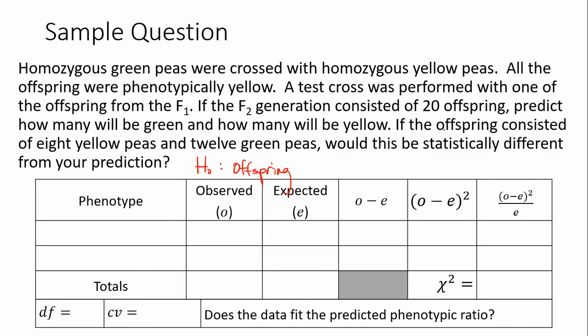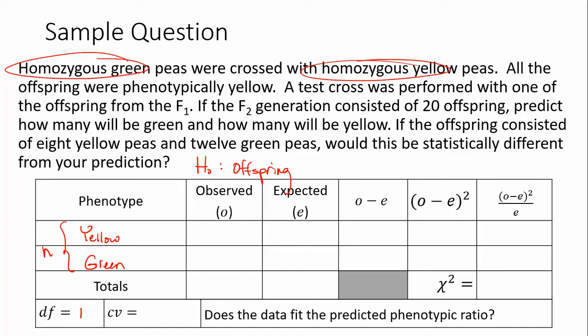So to go through all of this and simplify it, we've got homozygous green peas, we've got homozygous yellow peas. So we've got 2 different possible colors. That means we can be yellow or we can be green. All right, that tells us, well, we've got an n of 2. Our degrees of freedom is 2 minus 1, so that's going to be 1. All right?